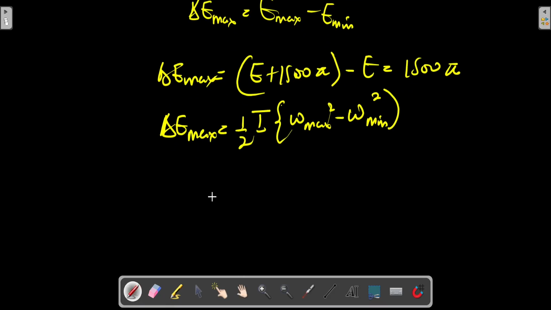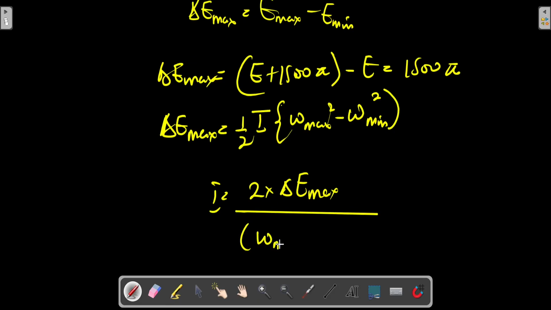So to get I, it is just 2 times the energy fluctuation divided by omega max squared minus omega min squared. Now we know the maximum energy fluctuation, which is 1500 pi, and the unit is newton meter. So we can just substitute that in there.